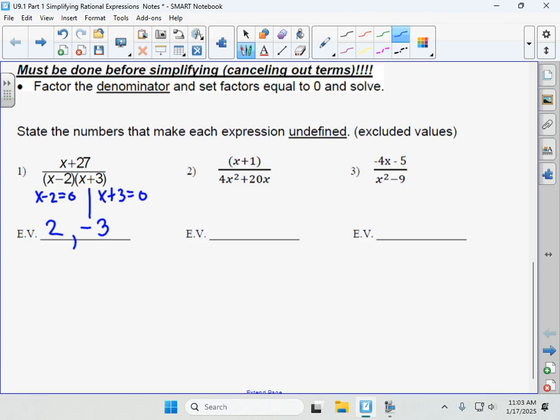The reason why is that if you were to take 2 and plug it in for x, 2 minus 2 would be 0. I'll just plug 2 in for everything, over 2 minus 2 times 2 plus 3. So 2 plus 27 is 29. And then 2 minus 2 on the bottom is 0, and 2 plus 3 is 5.